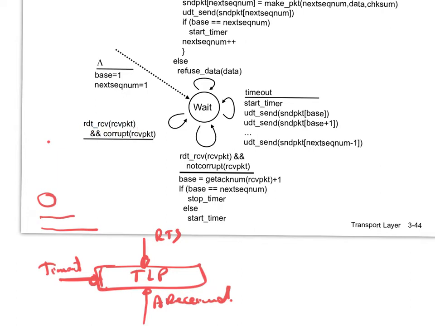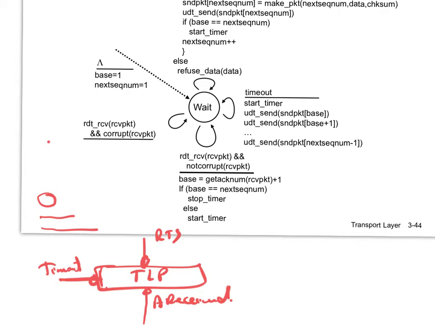This is for receiving packets from the network layer, where we are expecting an acknowledgement to come. But this acknowledgement might be corrupted or not corrupted. If it's corrupted, for go back n, what does that mean? This means that I received an acknowledgement and it's corrupted.